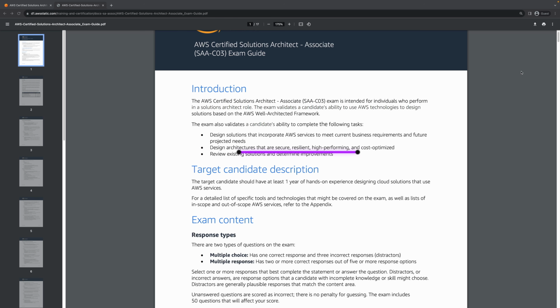Now, all these things are quite broad statements. If we take just that second one there to design architectures that are secure, resilient, high-performing, and cost-optimized, there's typically tens to even hundreds of layers to a statement like that.